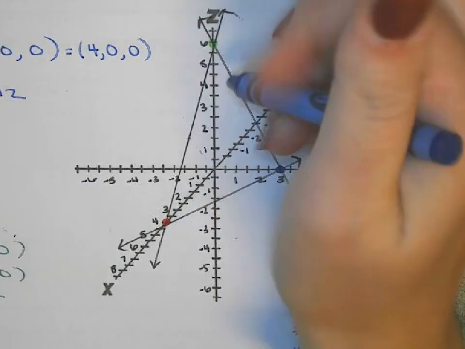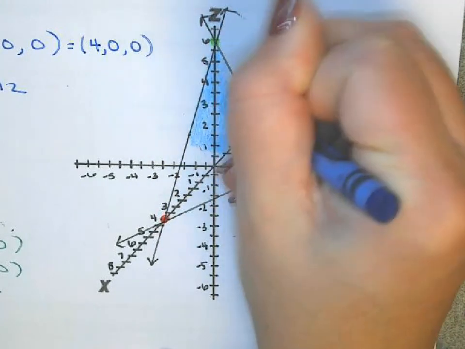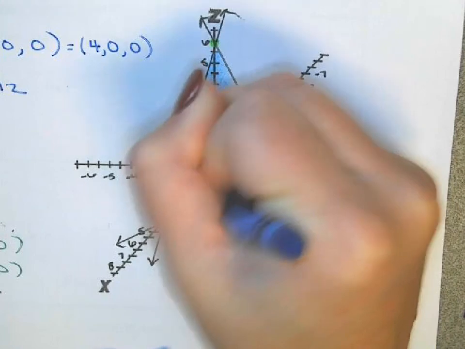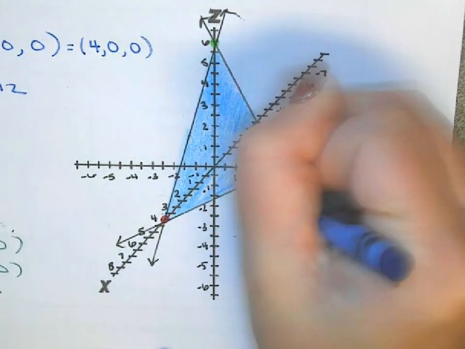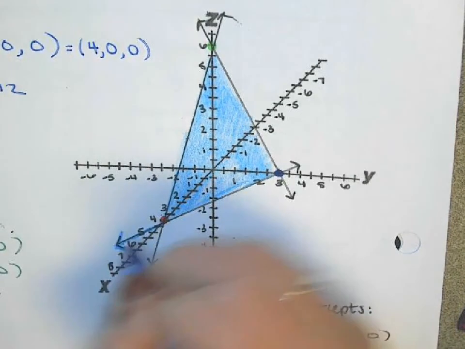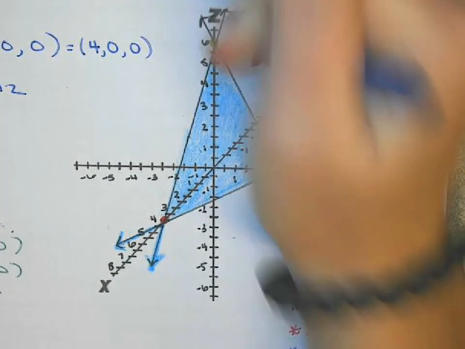This is just a small portion of the plane. The plane actually is extending forever in all directions, which is why it's important that you have these arrows that show you that it goes forever in all of these directions.